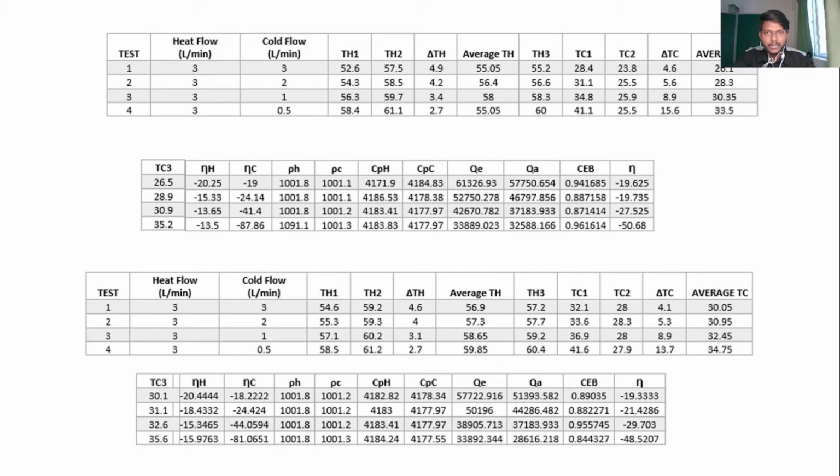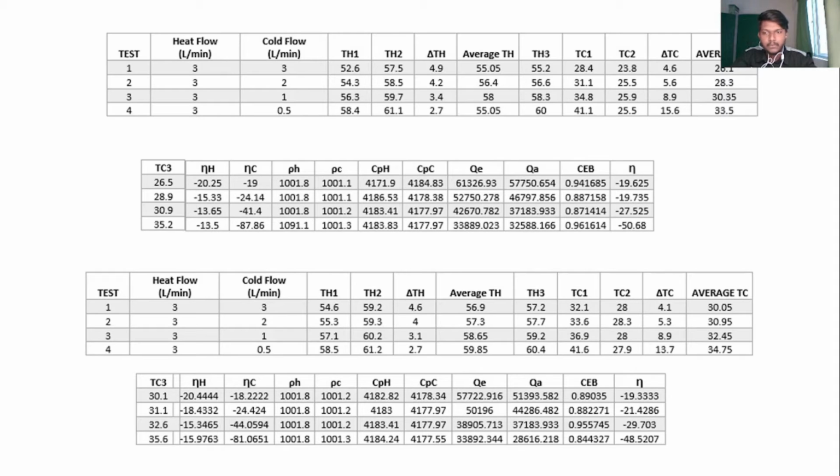Then the specific heat for hot is 4174, and the specific heat for cold is 4184.83. QE is 61,326.93, then QA is 57,750.65. So CEB is calculated by dividing QA over QE.